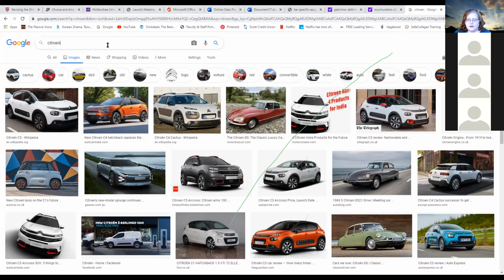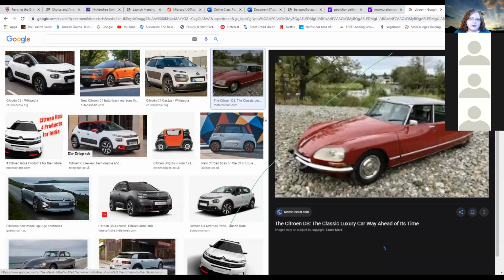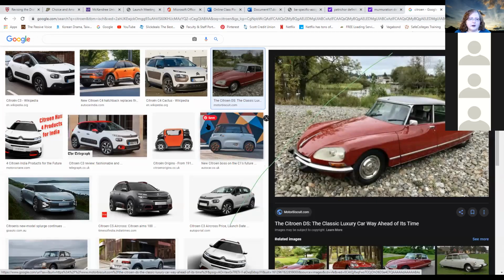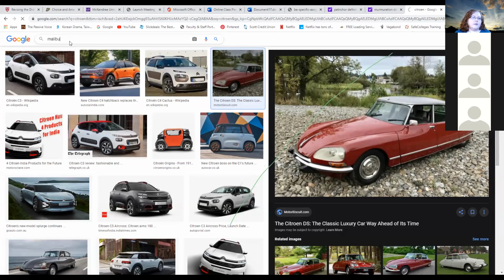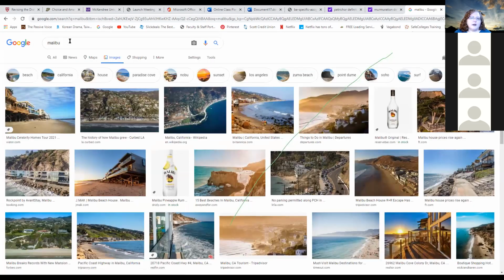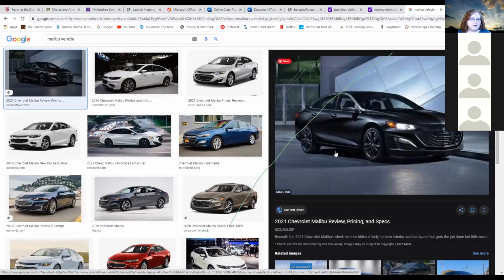What about, well, I guess a truck is a car of a sort. Ooh, yeah, that's a really cool model. Malibu. Not that Malibu. Very sporty.